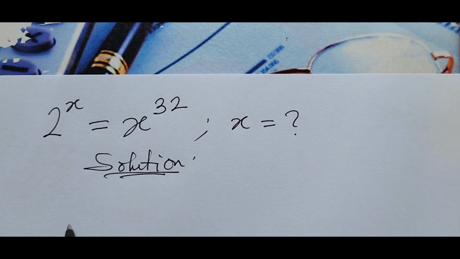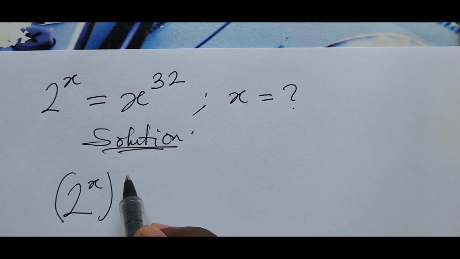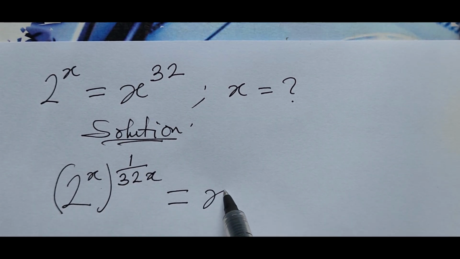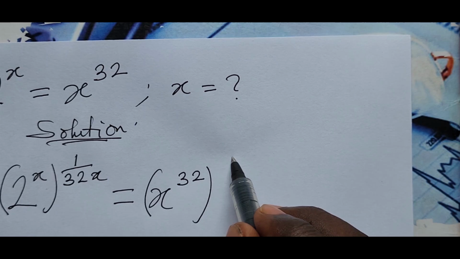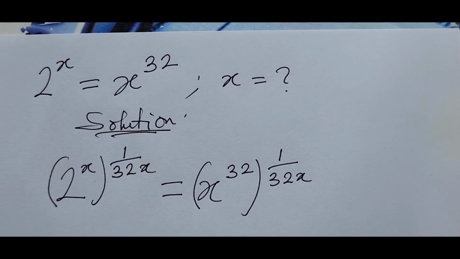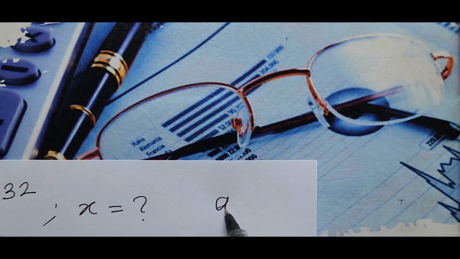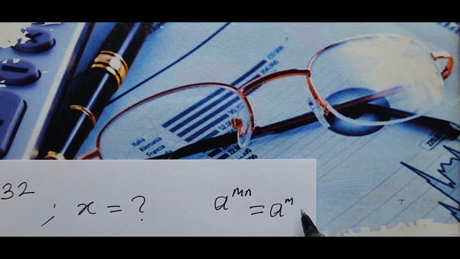And so rewriting this is going to give us 2 to the power of x, all raised to the power of 1 all over 32x. This is equal to x to the power of 32, all raised to the power of 1 all over 32x also. Then we apply a simple rule which says that a to the power of mn is equal to a to the power of m, in brackets, to the power of n, right?